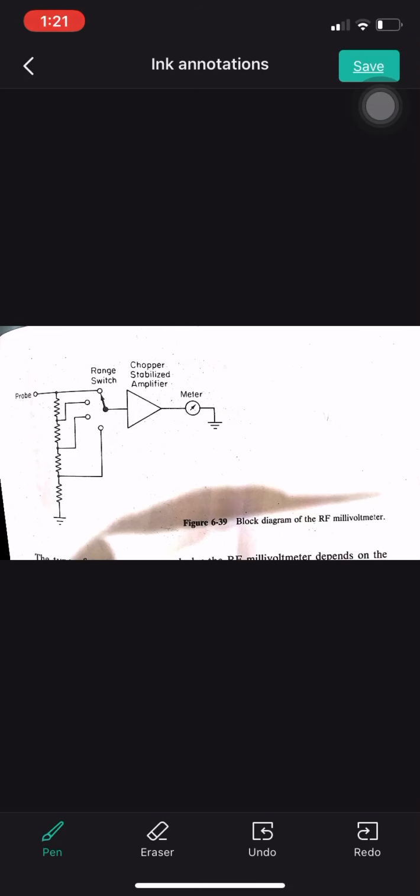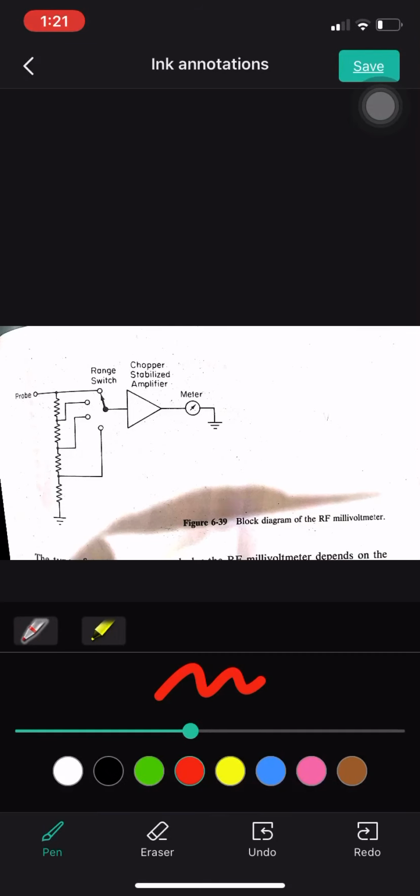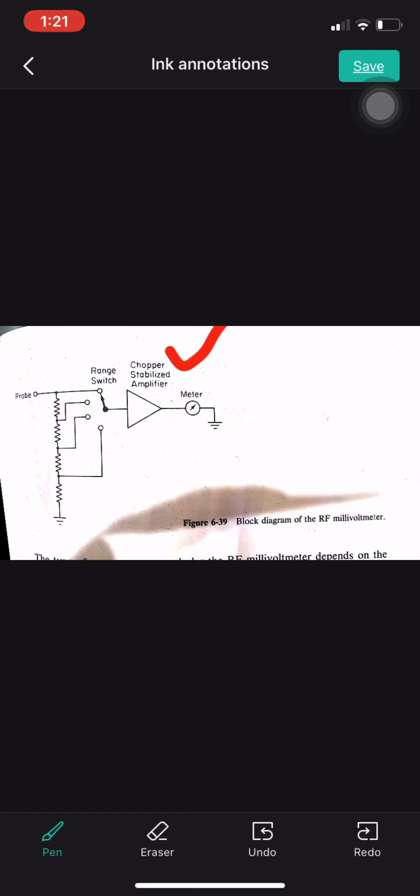Since we know that the detected output is going to be very small in the low millivolt region, the chopper stabilized amplifier is used after the rectified output. This amplified output is then displayed using a meter.